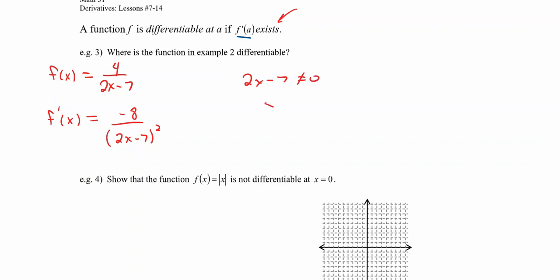Solving for this, x cannot equal 7/2. So it makes sense. We should probably do this right and say, therefore, f of x is not differentiable at x equals 7/2.